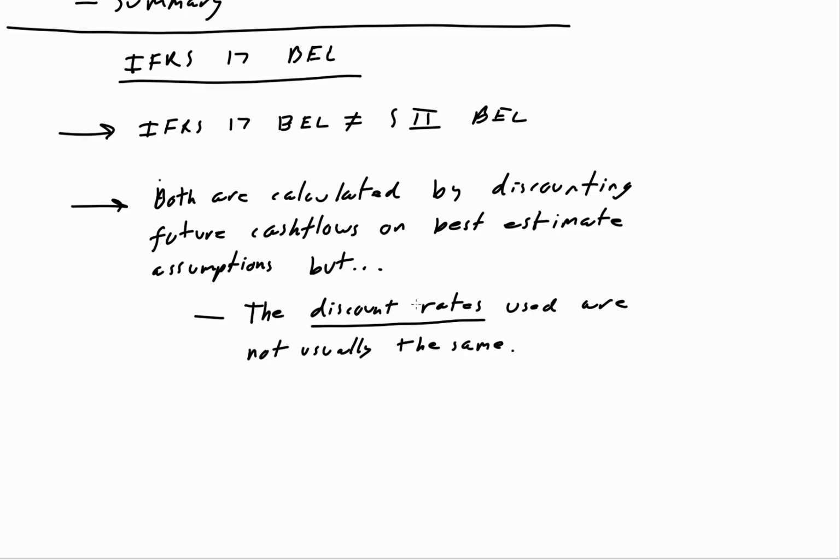So if the cash flows are discounted at different rates, then you're going to get different results for what the BELs are.